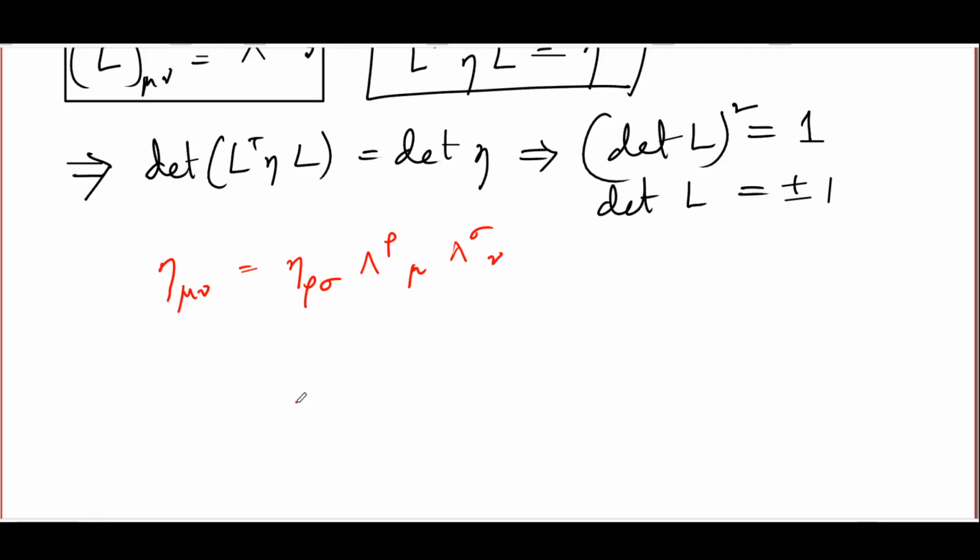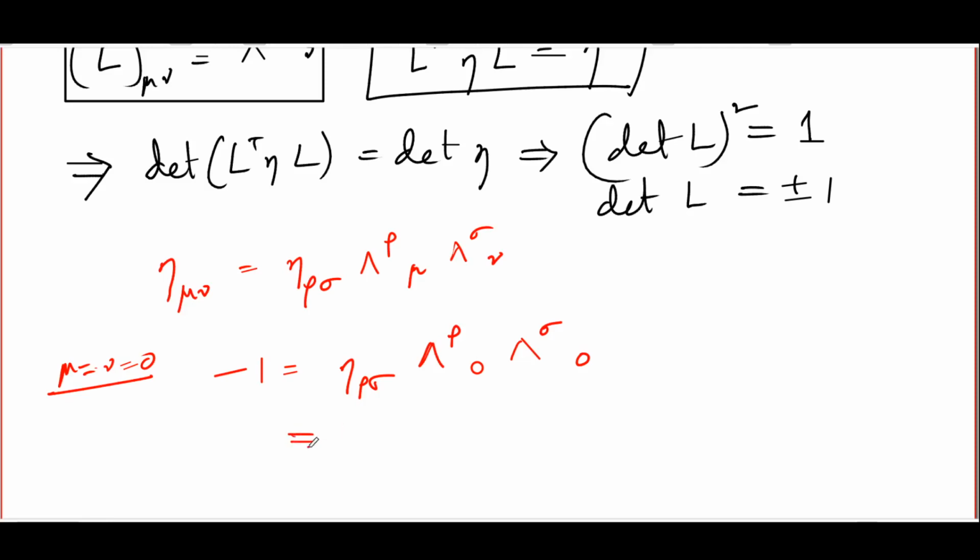The property follows simply by putting in mu equal to nu equal to 0 in this expression. Eta 0, 0, remember, is minus 1 in our version. So what we have is eta rho sigma lambda rho 0 lambda sigma 0. Now note that eta rho sigma is itself diagonal, so there are only 4 non-zero terms here, corresponding to rho sigma equals 0, 0, 1, 1, 2, 2 and 3, 3.